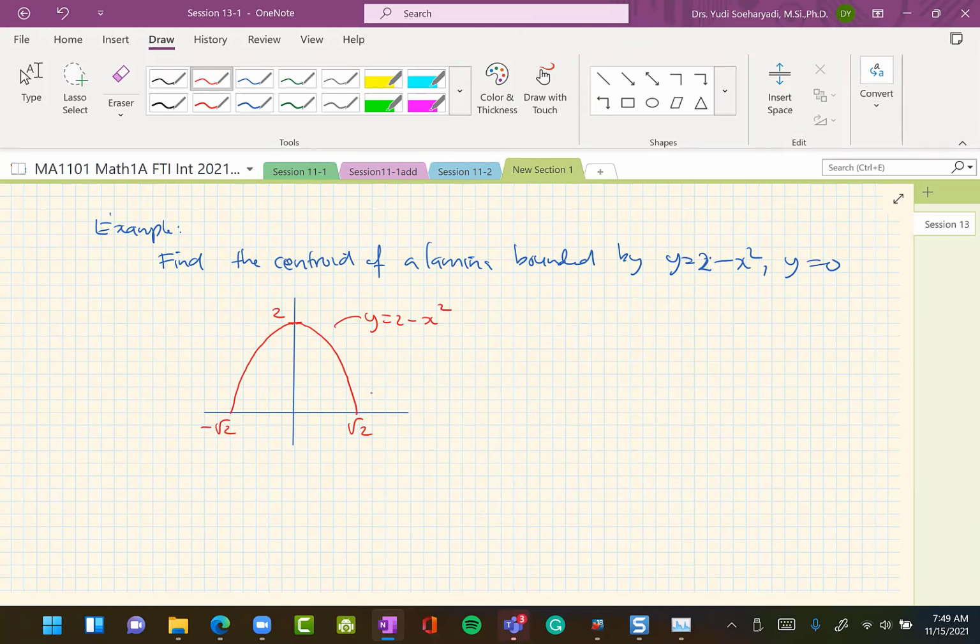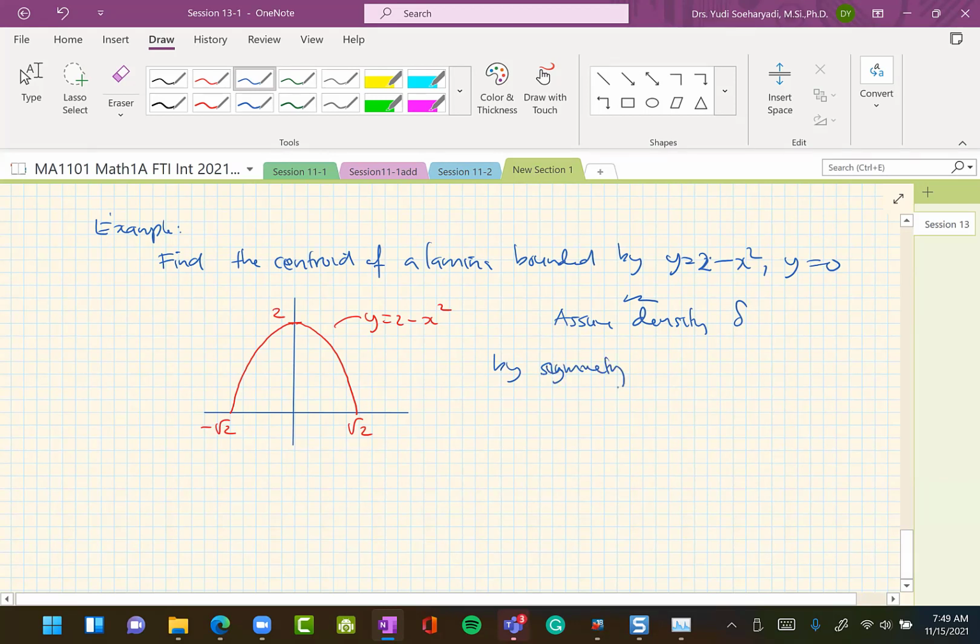Suppose the mass density is delta. Because this is symmetric, by symmetry we know the x bar should be on the axis.